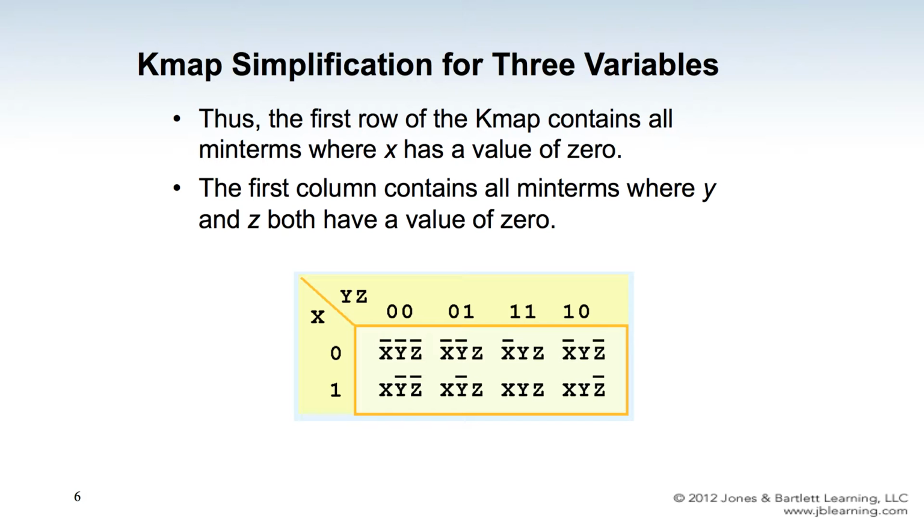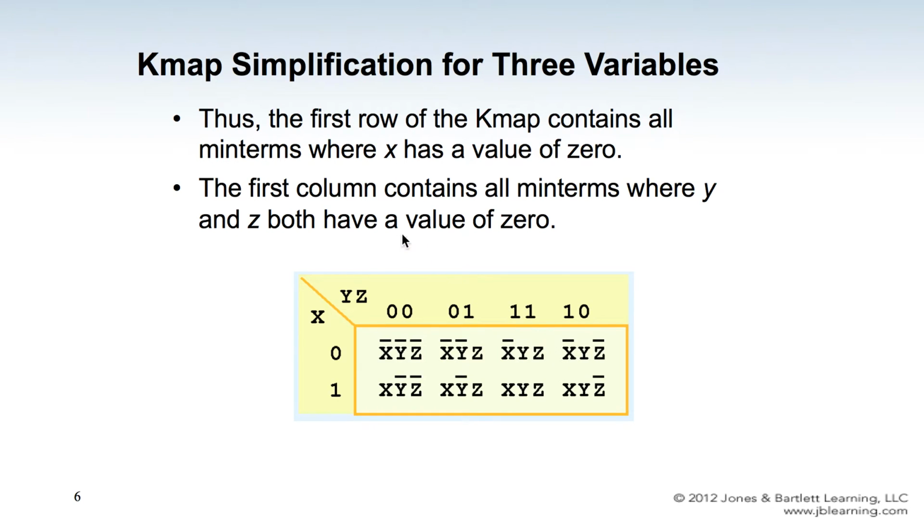From the representation we have before, you can see that the first row of the K-map contains all the min terms where x has the value of 0, that's x naught in each cell.